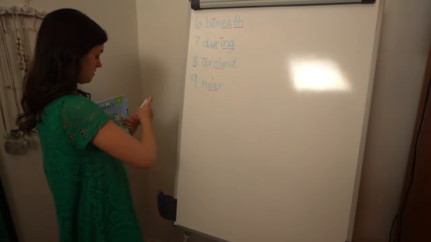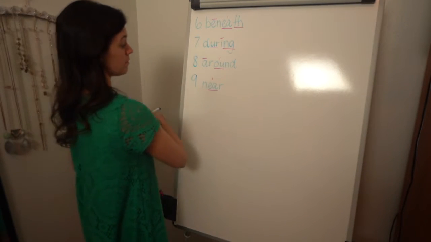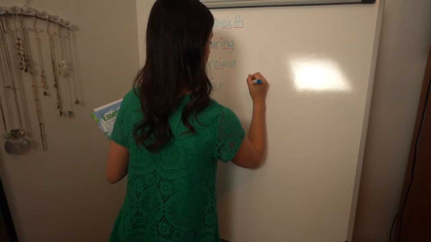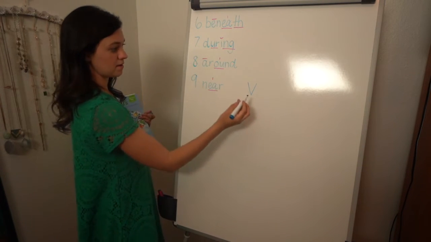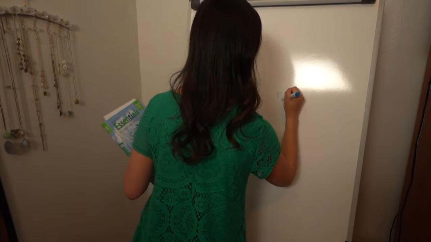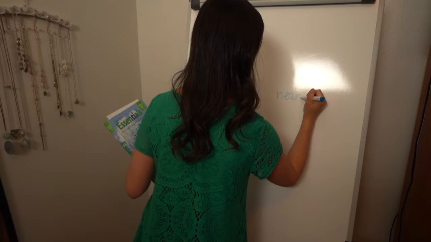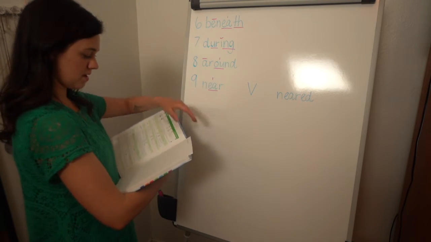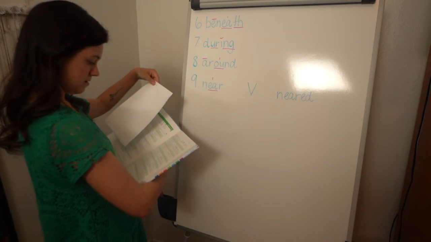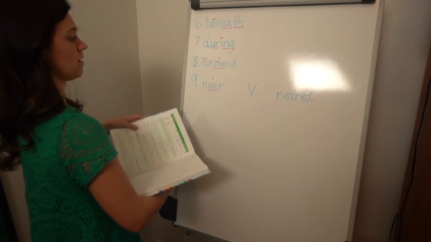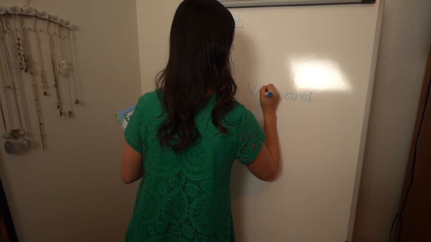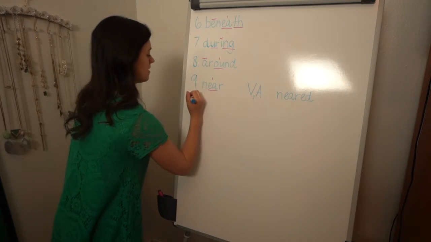Okay, now near can be a verb. Now near, to make this past tense, we would say neared. Near can also be an adjective as well, so we'll also add an A.